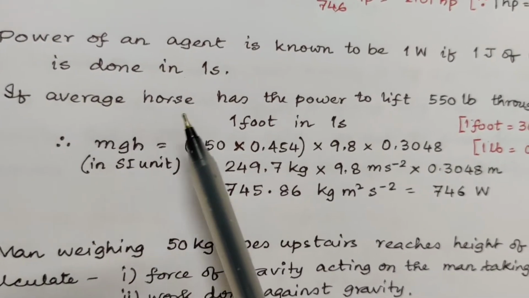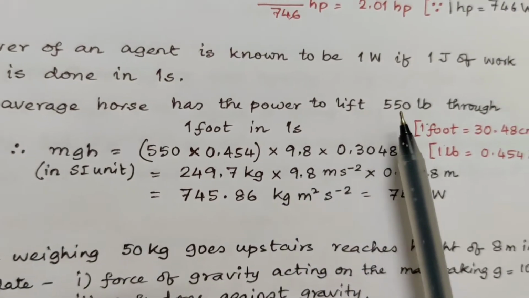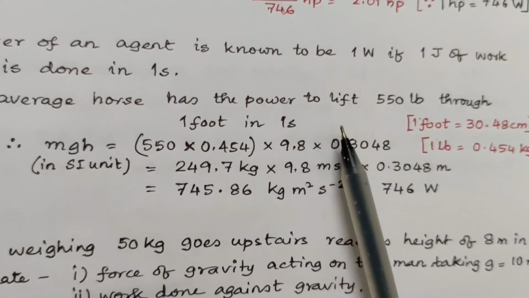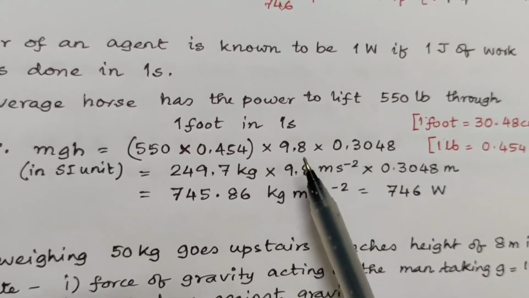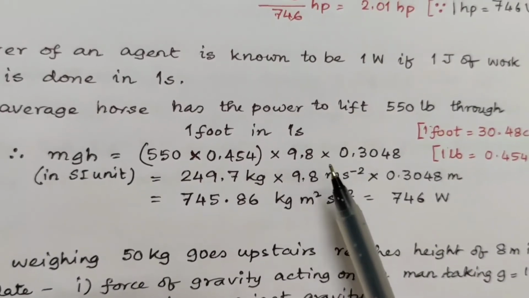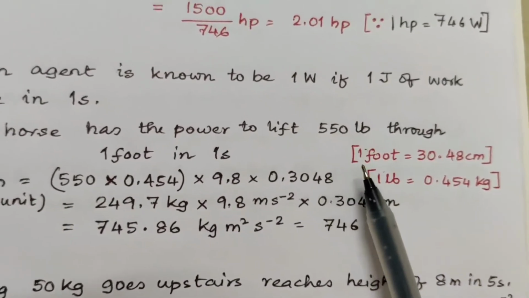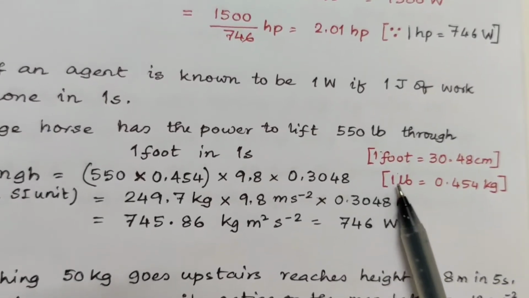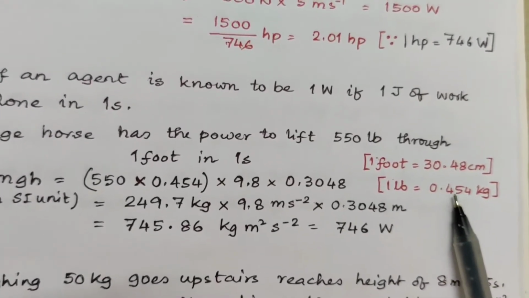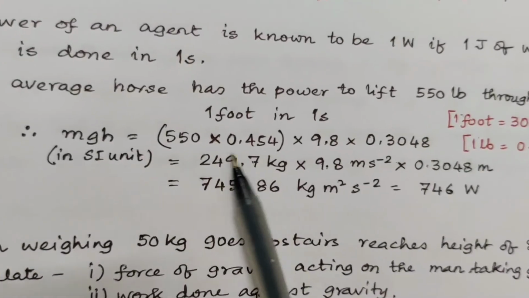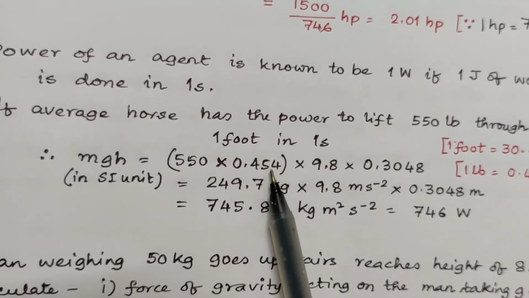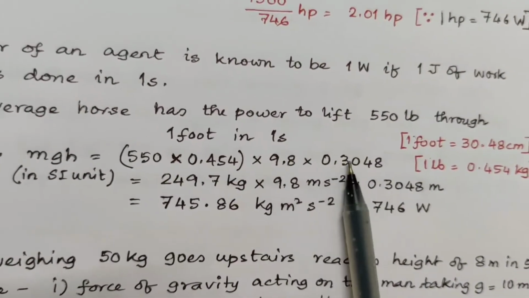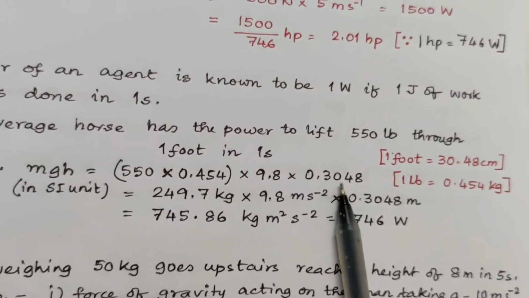If an average horse has the power to lift 550 pounds through 1 foot in 1 second, what will be the power in watt? 1 foot is equal to 30.48 centimeter and 1 pound is equal to 0.454 kg. Now we are converting this mass into kg and 1 foot into meter.